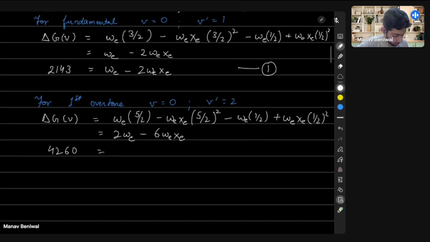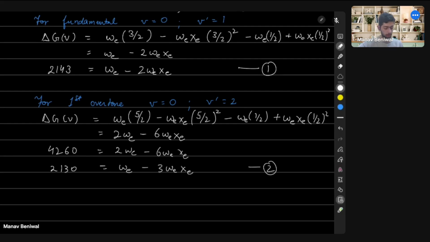So 4260 is 2 omega e minus 6 omega e x e. If we divide by 2, this becomes 2130 is omega e minus 3 omega e x e. This is our second equation. So if we do 1 minus 2, we get 2143 minus 2130.